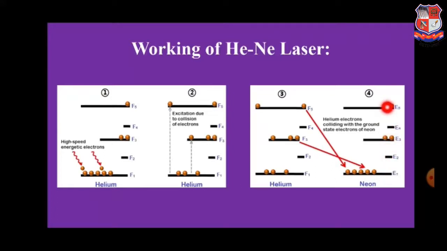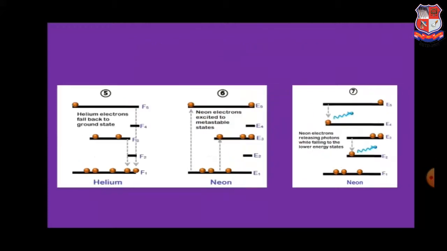For neon gas we have used the symbols E1 to E5, and for helium we have represented the energy levels as F1 to F5. Now see, the excess electrons in the helium gas now travel to the ground state level of neon gas, and this is due to the collision of helium and neon gas respectively.